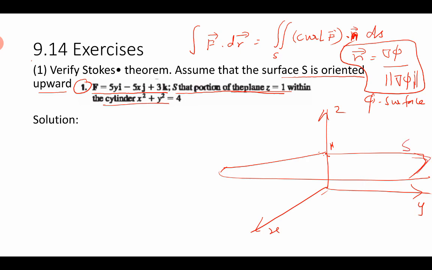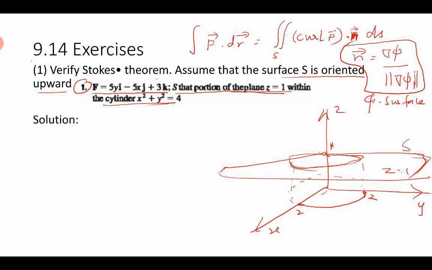Yes. But this surface is restricted within the cylinder. The cylinder is on the circle x squared plus y squared equal to 4. This is the circle of radius 2. So the surface above this, within this cylinder, on z equal to 1, this is the plane z equal to 1.